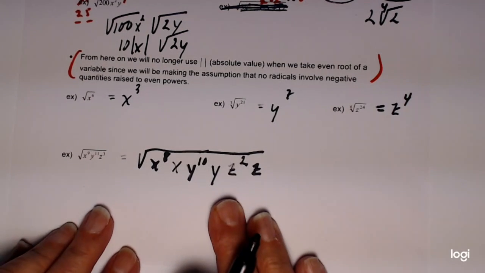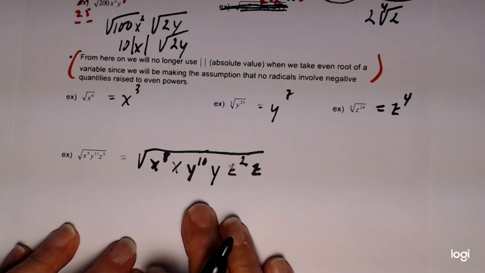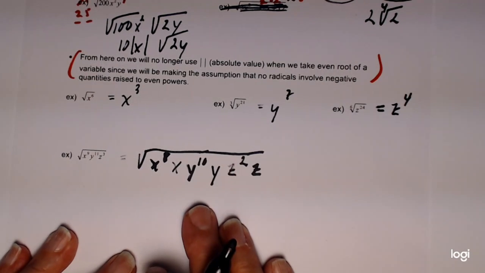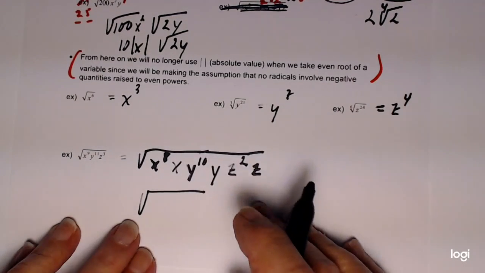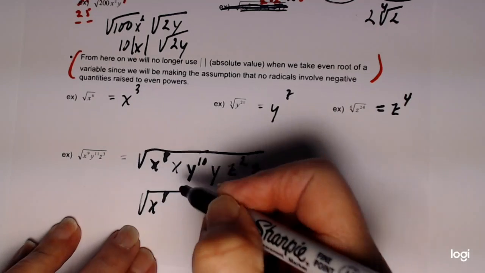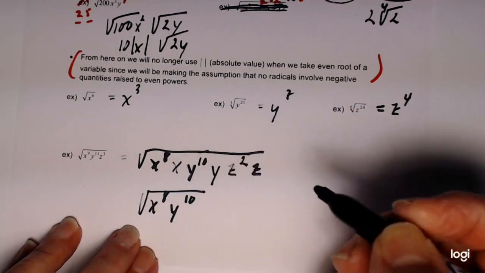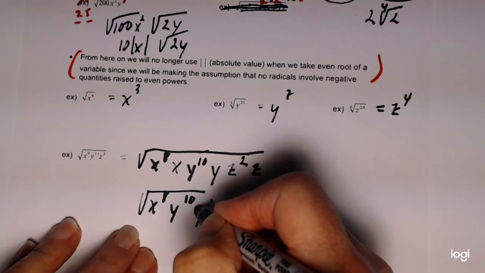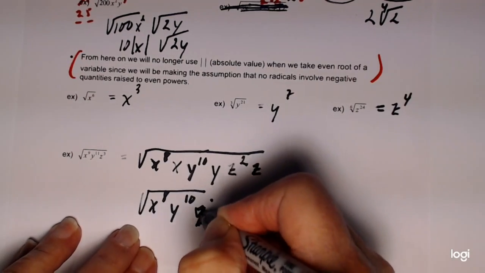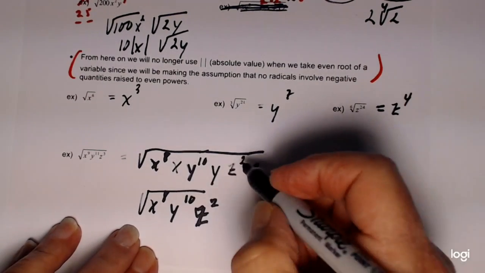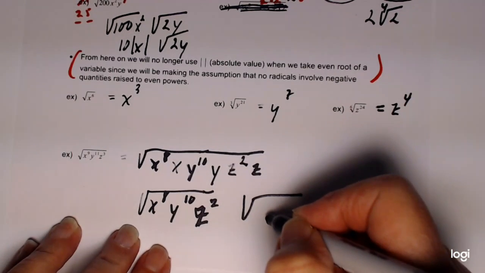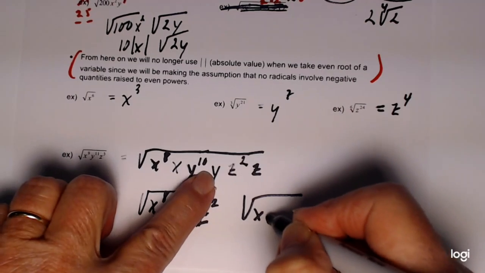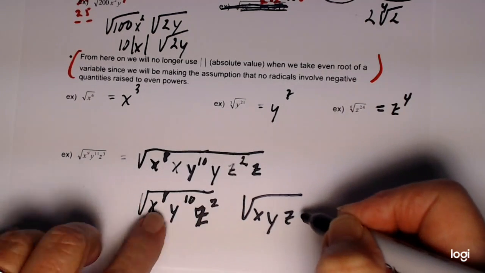We could start to take our roots from here, but since we have looked at factoring, I will break this up into two radicals, and in my first radical I'm going to accumulate all the perfect squares. So x to the 8, y to the 10, whoops, that's a very ugly z squared, and then in this back radical I'm going to put what we have left, this x, this y, and this z.